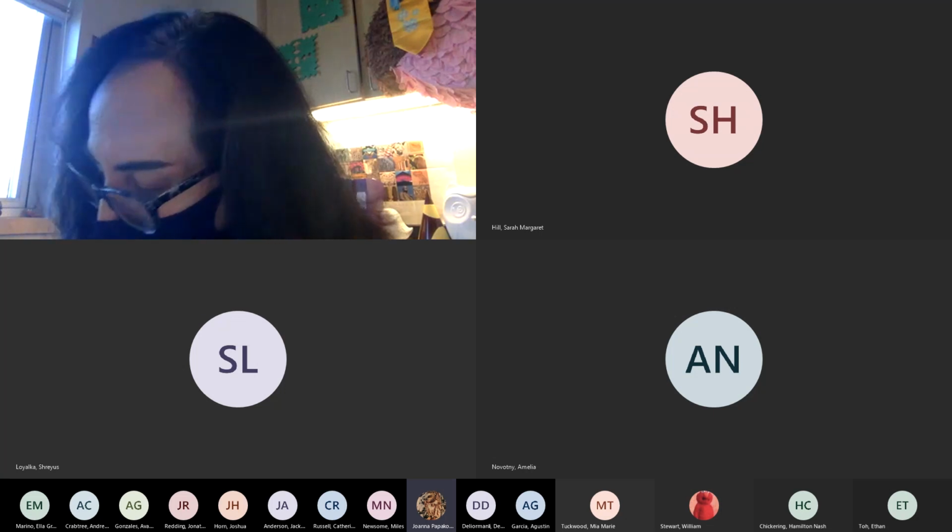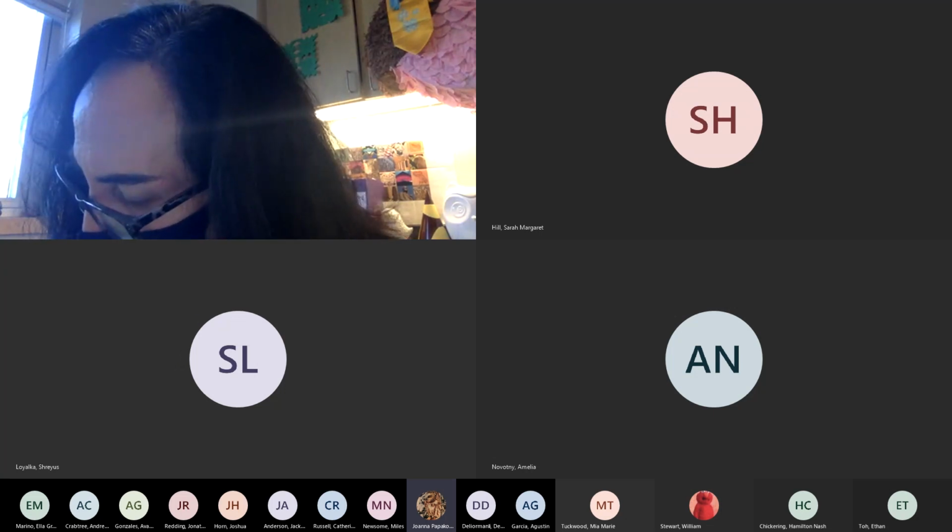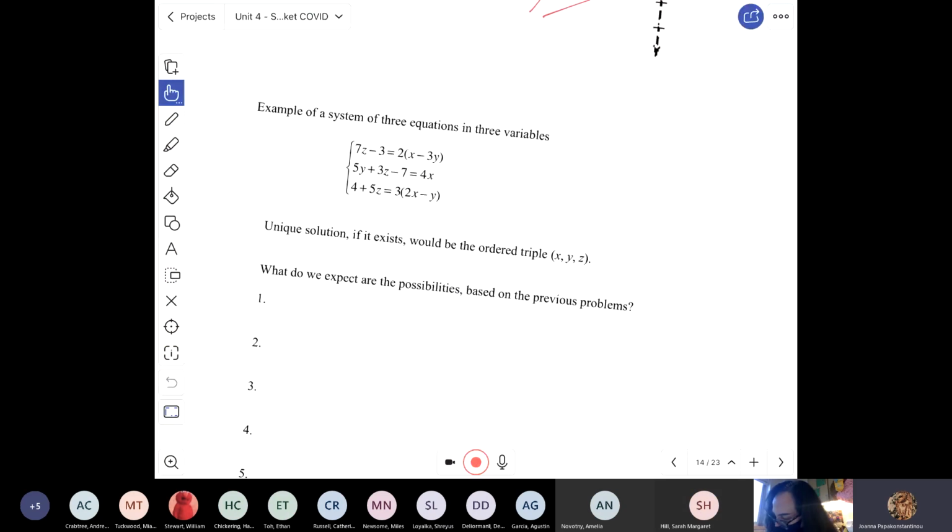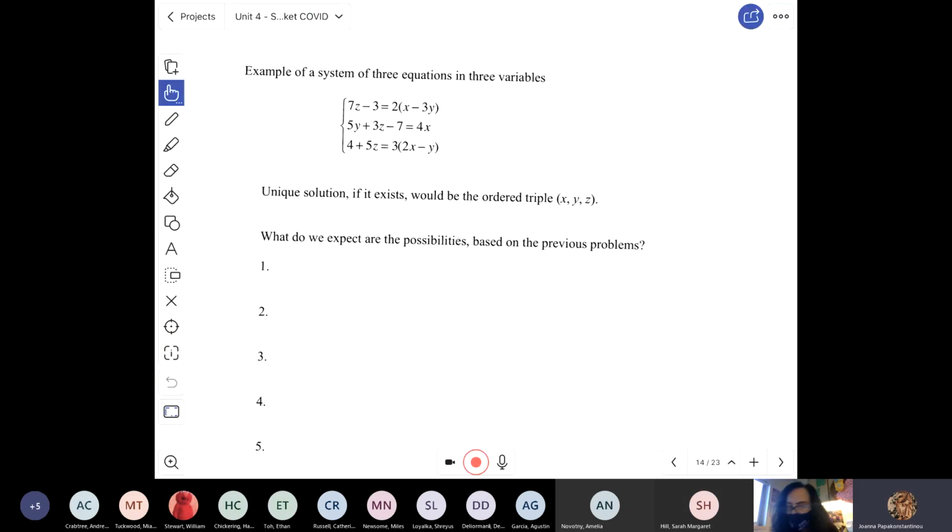So we can have a system of 3 equations in 3 variables. Now there's many different ways that these planes can be related in 3 space.